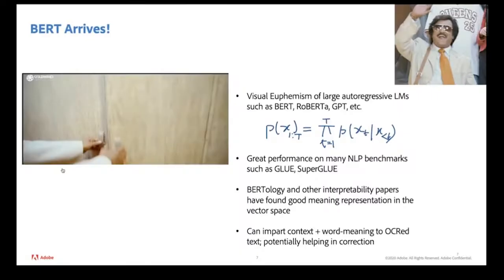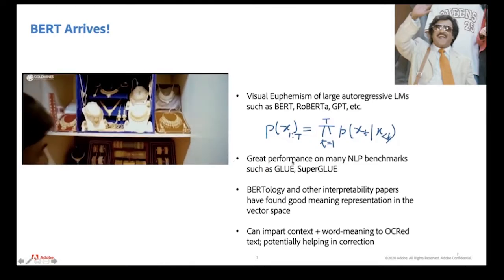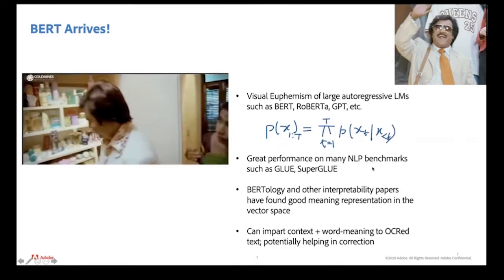So our hero BERT arrives. Here in this presentation, I'll be using BERT as a visual euphemism for RoBERTa or whatever autoregressive models have this kind of structure. The advantage of BERT for this particular post-processing task is that it has performed very well on all these NLP benchmarks, and it has lots of nice attributes.